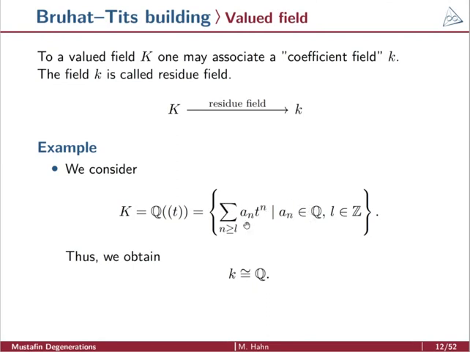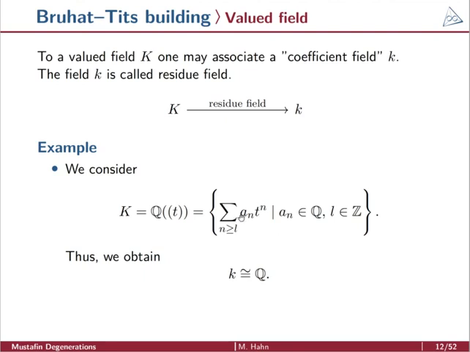These are power series that have only finitely many negative exponents. So they start somewhere, at an integer. They may have negative exponents, but only finitely many. And this field of formal Laurent series with rational coefficients is indeed a discretely valued field.